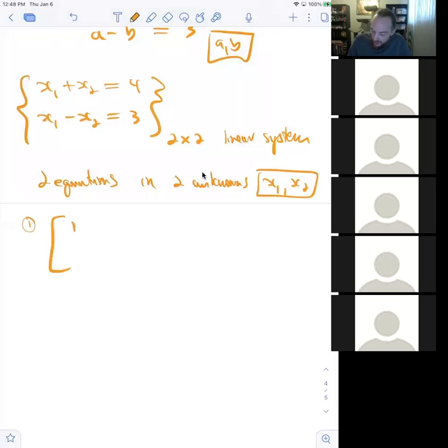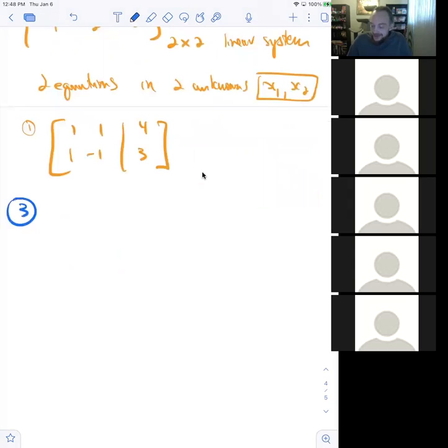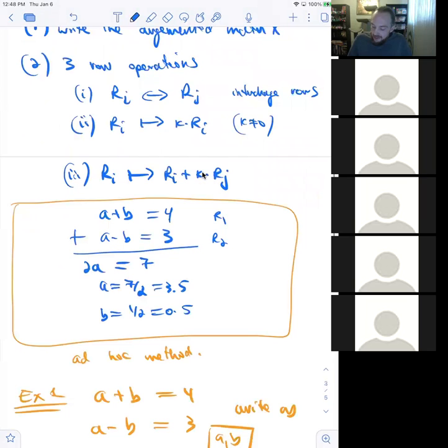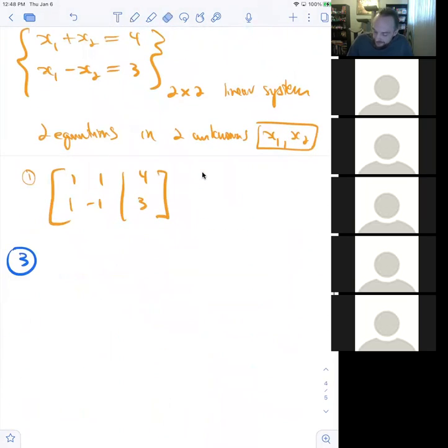This will give me 1, 1, 4, 1, minus 1, and 3. And then what do we want to do? Once we have these 3 row operations, we want to get to REF. Which we're going to call REF.